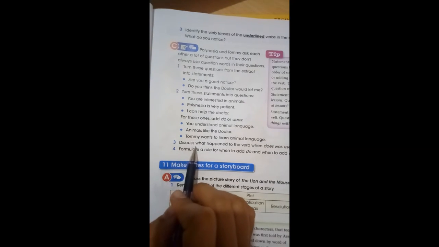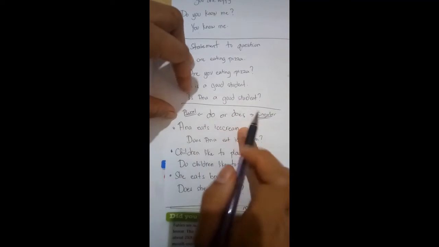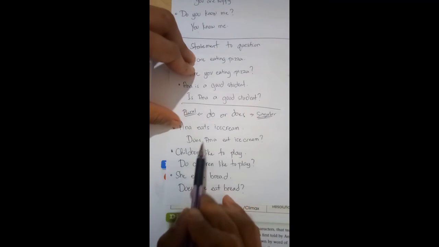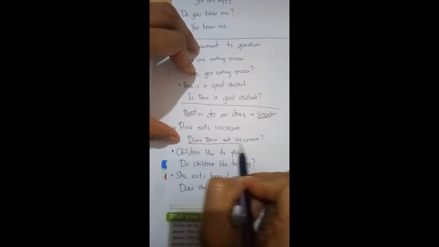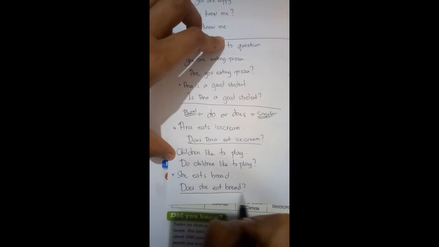Now for activity 3, it says discuss what happened to the verb when does was used. Now let's look at this sentence. For question 3, it asks us, you need to discuss what happened to the verb when does was used. Now look at here. We have the sentence with does here.